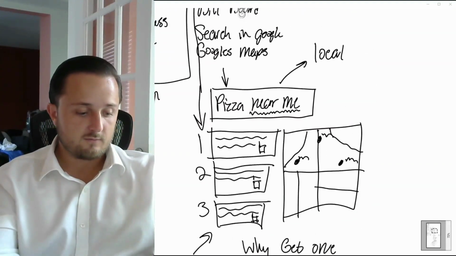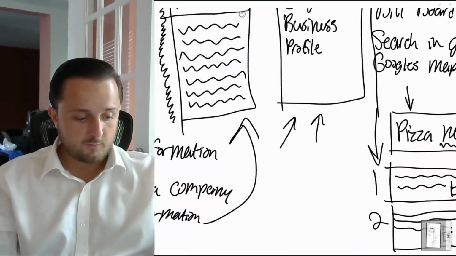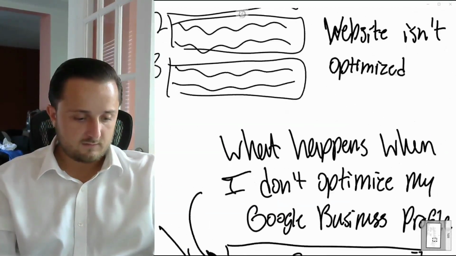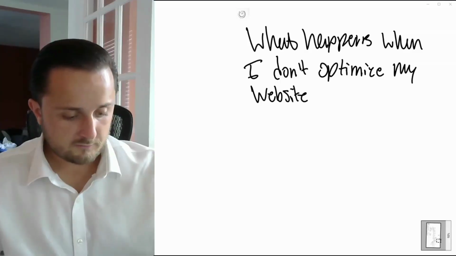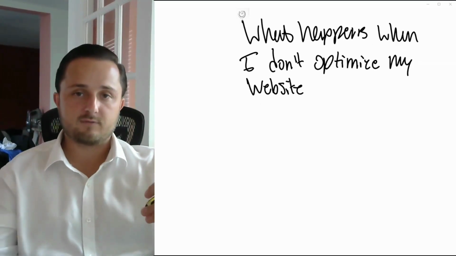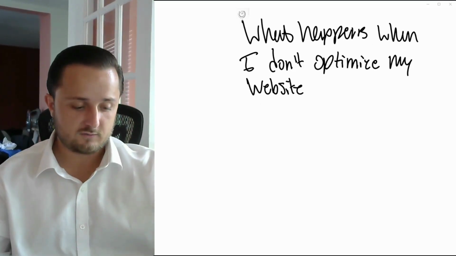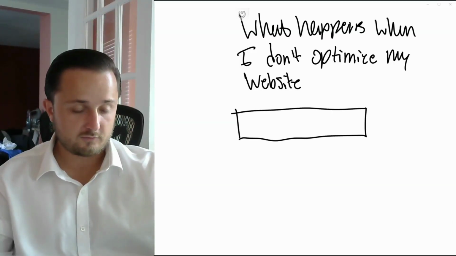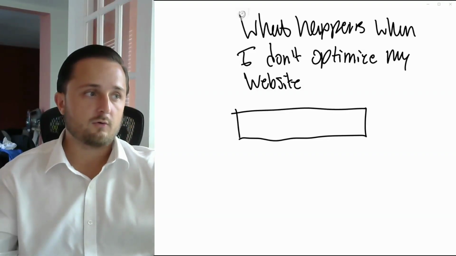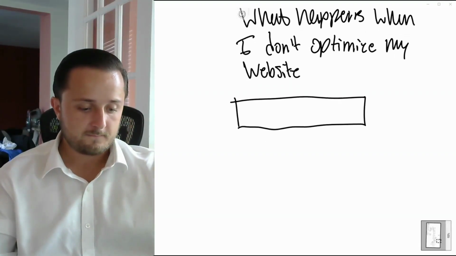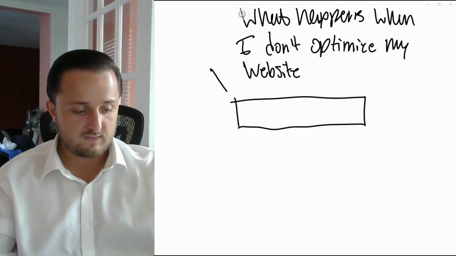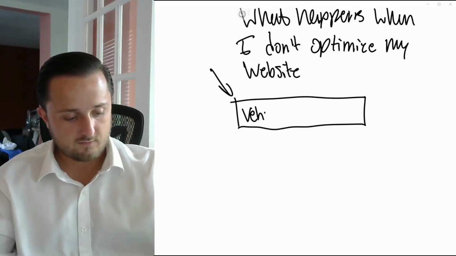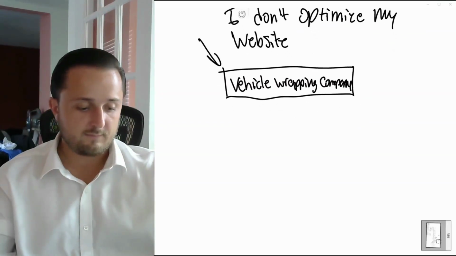Now we're going to talk about the website. It's very similar to the Google Business Profile. So what happens when I don't optimize my site for the search engines? When someone is looking for your services, or they have a pain point, or they're looking to purchase a product, when they go into Google and search for, in this example, a vehicle wrapping company, right?